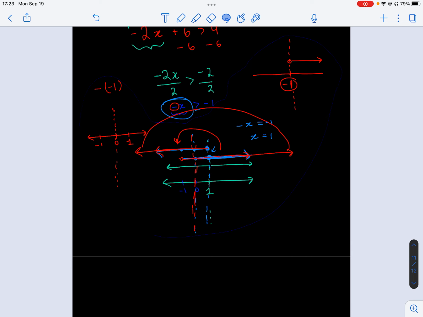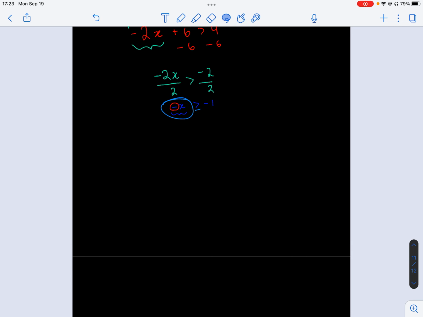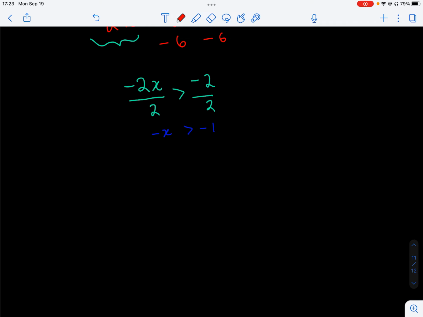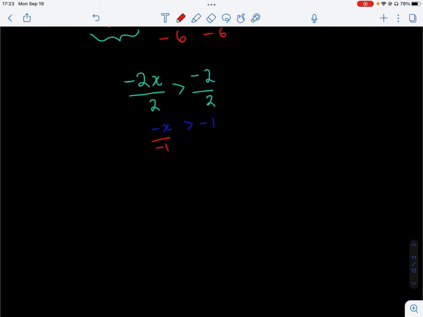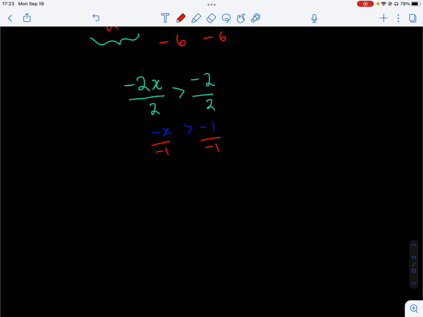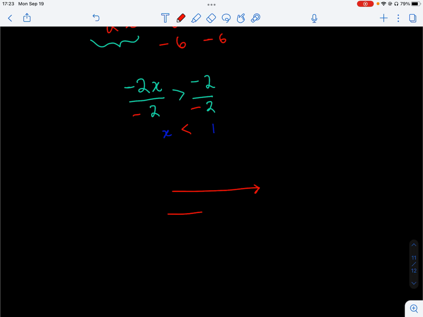And so with our initial solution set, I'm going to take this away. Here, when we have this negative here, if we want to divide by this negative, or if we wanted to initially divide here, we'd wind up at x is greater than 1. Or less than 1. Because the direction of our solution flipped when we divided by the negative.